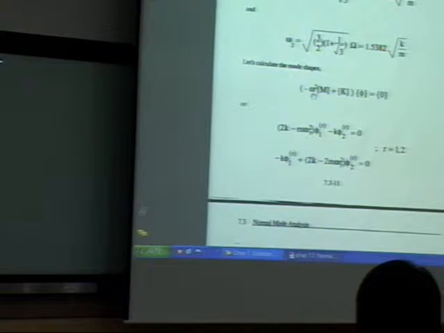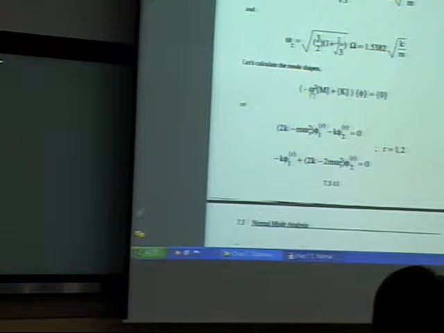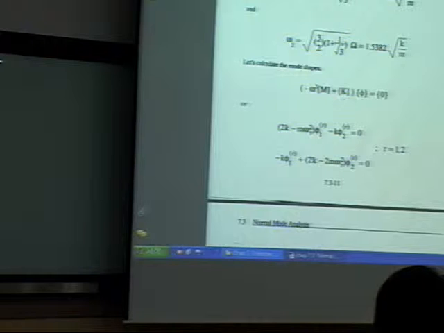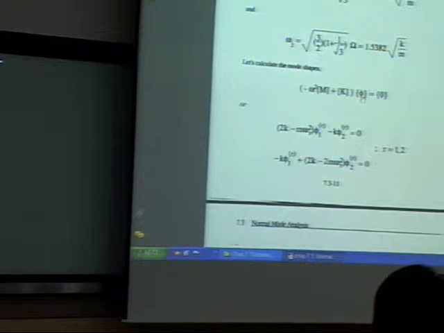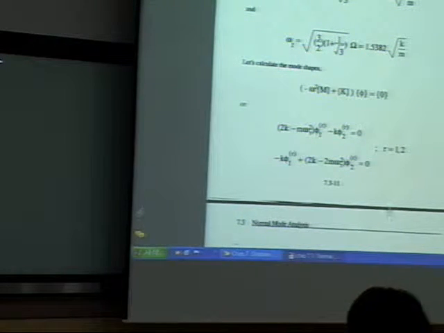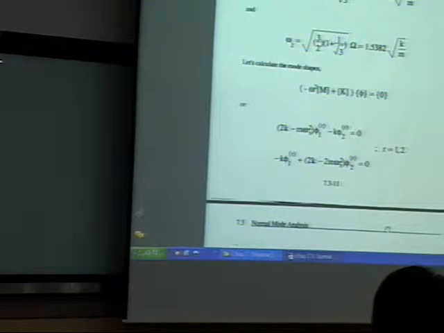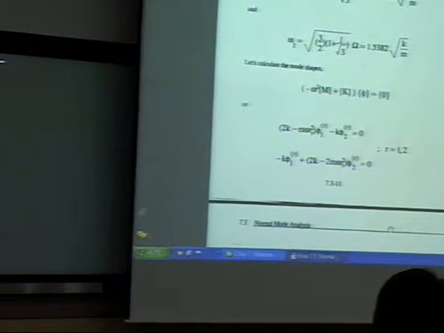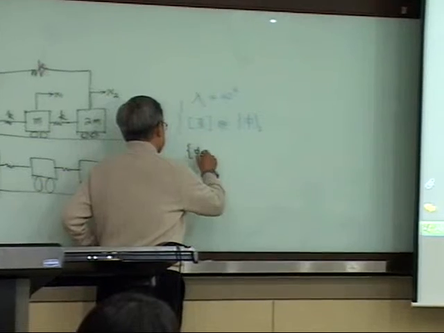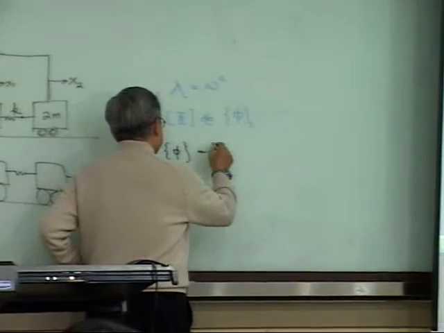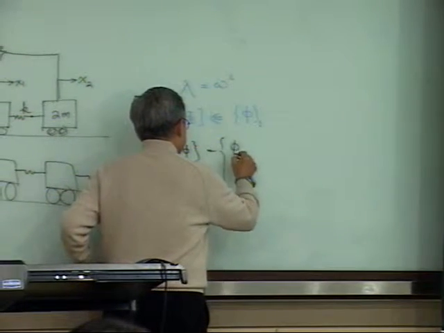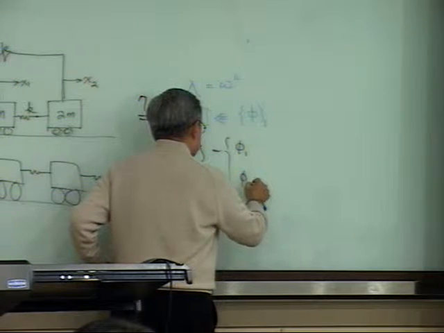So you have that. Then just expand this out. The phi vector has entries phi 1 and phi 2.